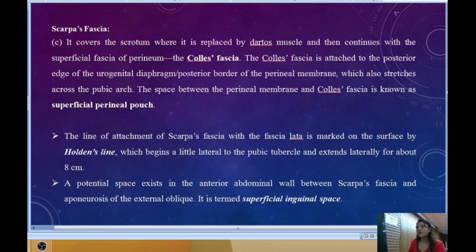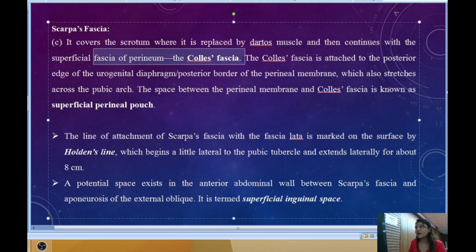Okay. Over the scrotum, the Scarpa's fascia covers the scrotum where it is replaced by dartos muscle, and then continues with the superficial fascia of the perineum. So Scarpa's fascia is continuous with the superficial fascia of the perineum, that is the Colles' fascia. Now the Colles' fascia is attached to the posterior edge of the urogenital diaphragm.